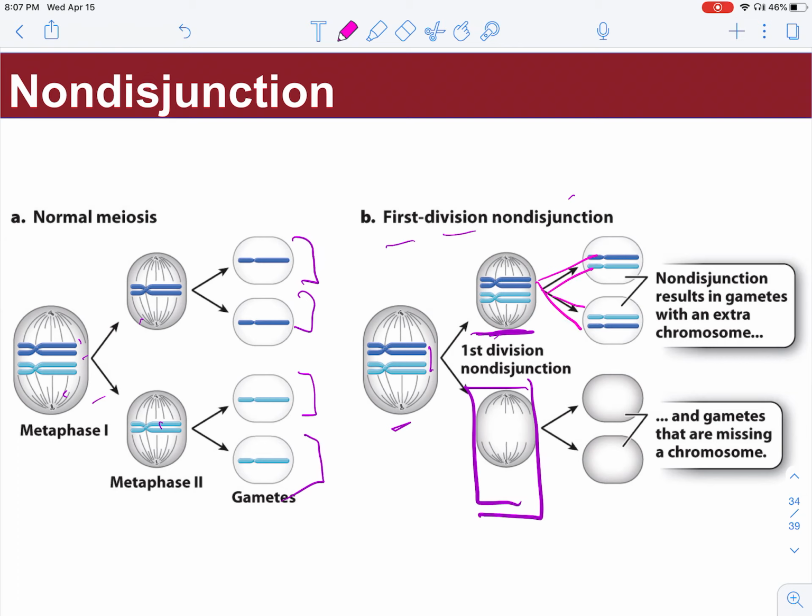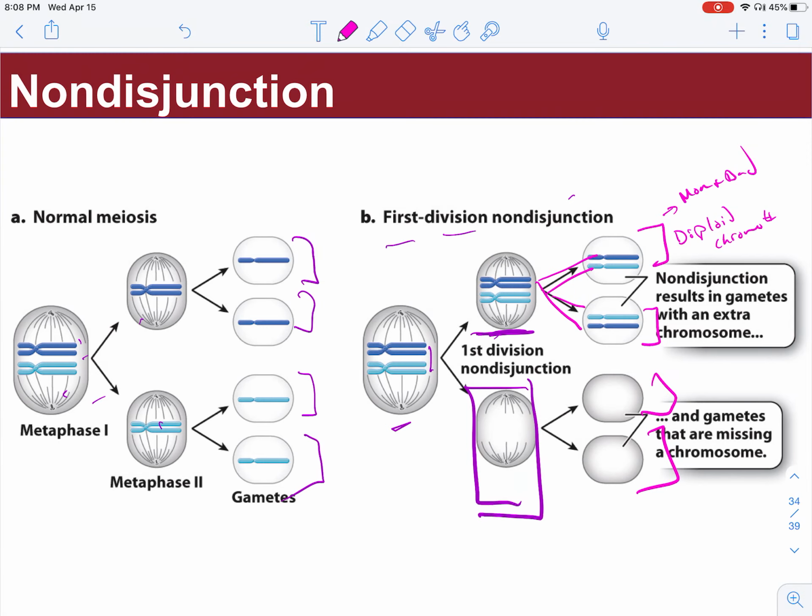And so you will have two of the cells that will have a diploid chromosome number, and these are genetically different from mom and dad. And that's in two of the cells, and then you'll have two of the cells that are empty.